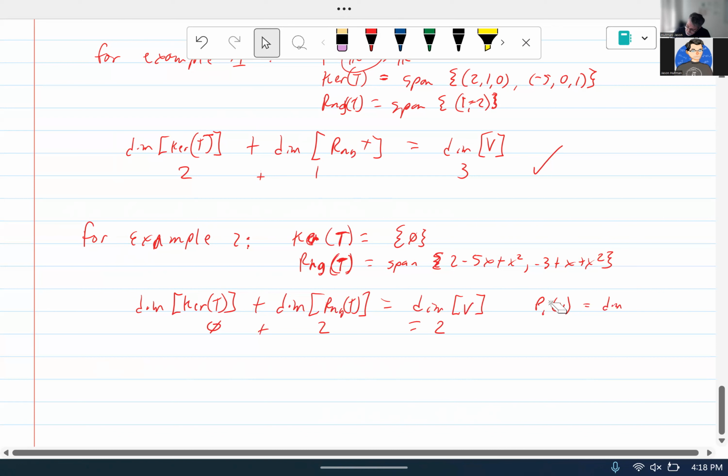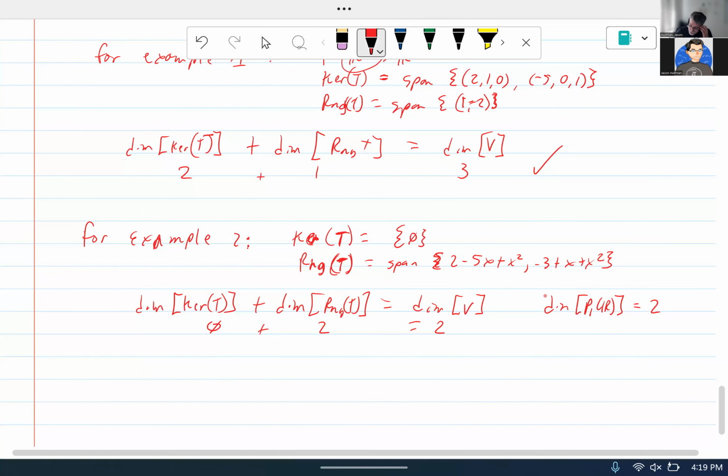I should write it like this: the dimension of P1(R) is equal to 2. And so that does check as well. Okay, so that's 6.3, and I'll see you in the next section.